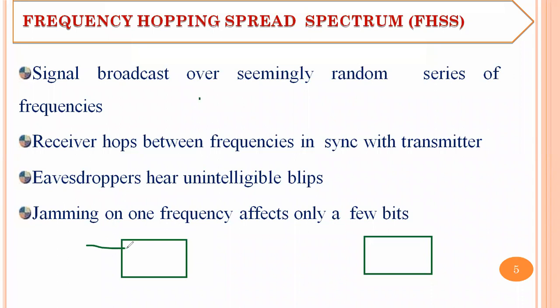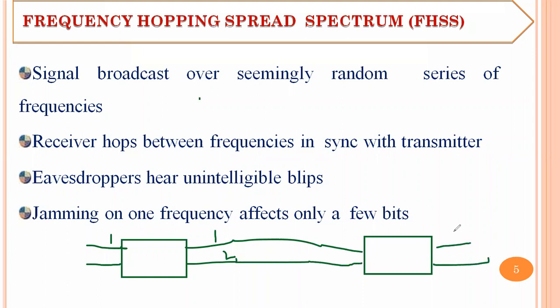At one point, suppose one is coming and two is coming, and similarly at this point one is the frequency and here two is the frequency, while at the second modulator that two may be one, here two, and this is one. So that means at the next moment the signal modulates another carrier frequency.